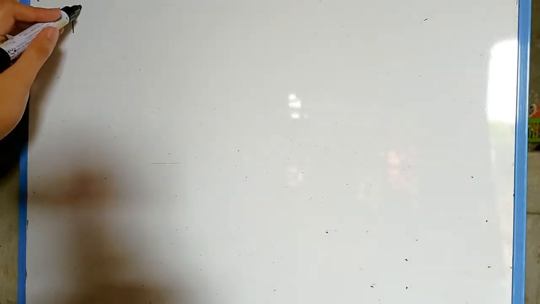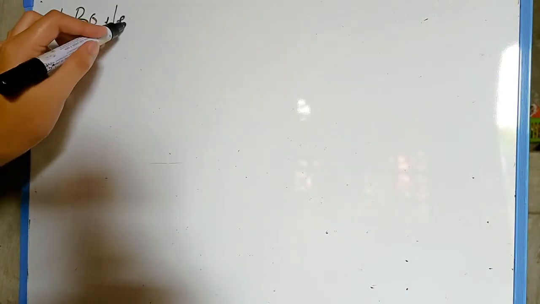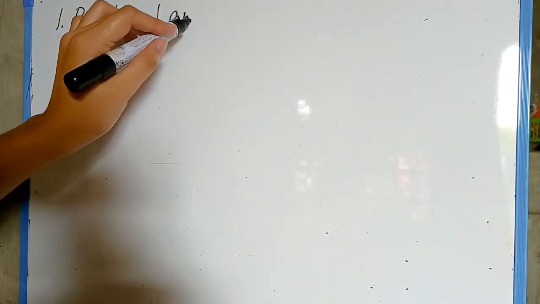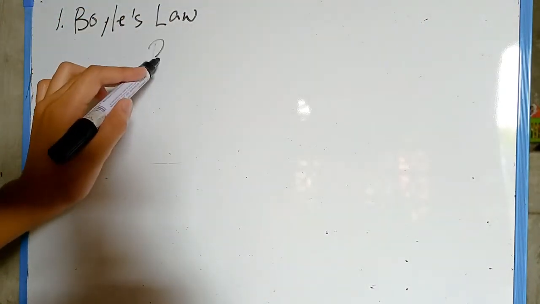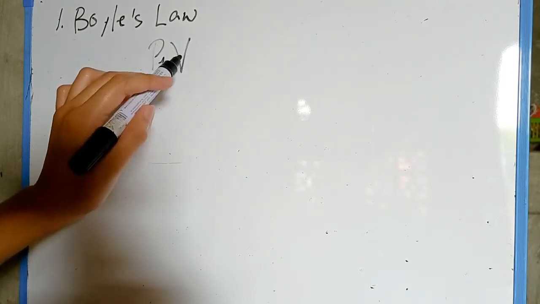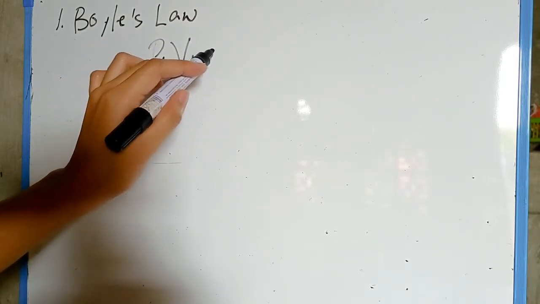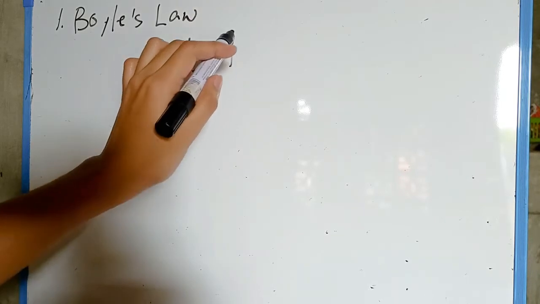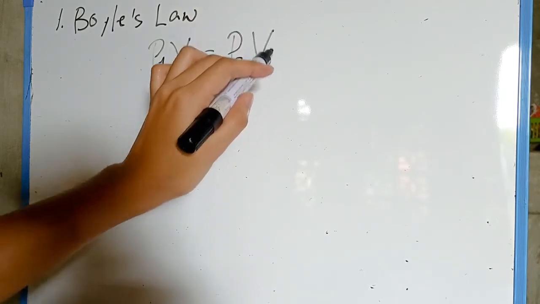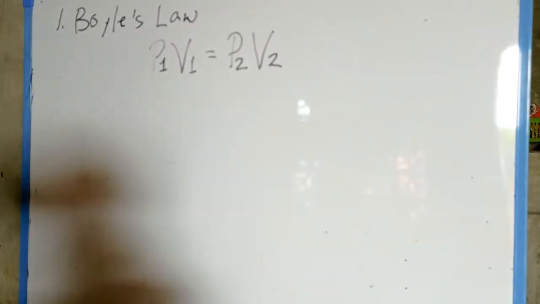And for Boyle's law, we will use this formula, which is P1 multiplied by V1 equals P2 multiplied by V2. This means 1 is the initial and 2 is the final.